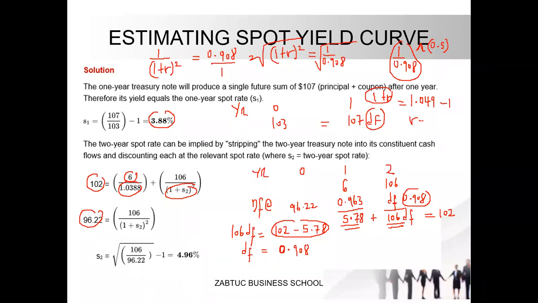What is your interest rate? 0.049 or 4.9%. This is what you have here. So the discount rate then is 4.9%.